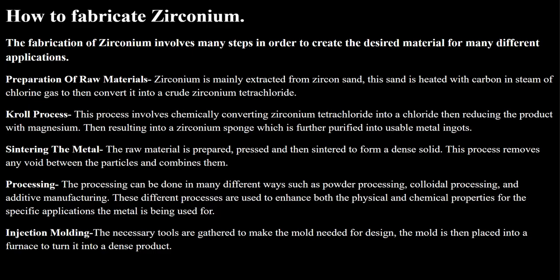Kroll process. This process involves chemically converting zirconium tetrachloride into a chloride, then reducing the product with magnesium, resulting in a zirconium sponge, which is further purified into usable metal ingots.